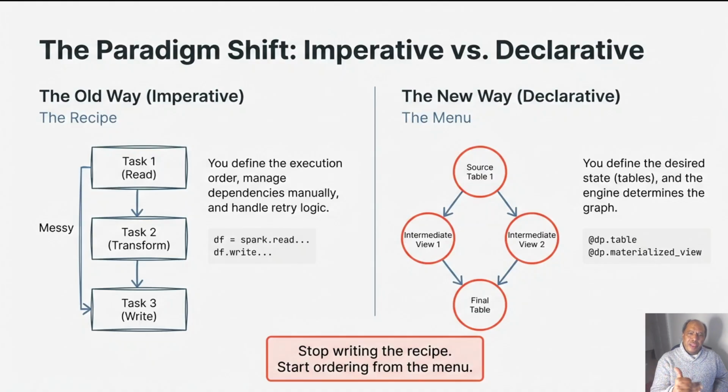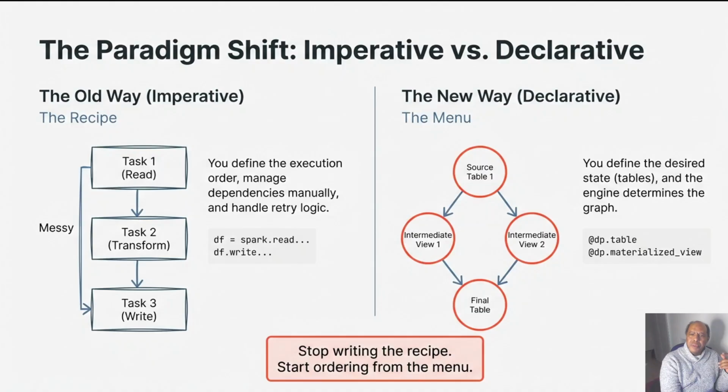You use decorators like @dp.table and @dp.materialized_view. The beauty is that you are just declaring what you want: you want this table, you want that view, and the engine figures out the optimal execution plan, handles incremental updates, and manages dependencies, as well as scales compute resources automatically.